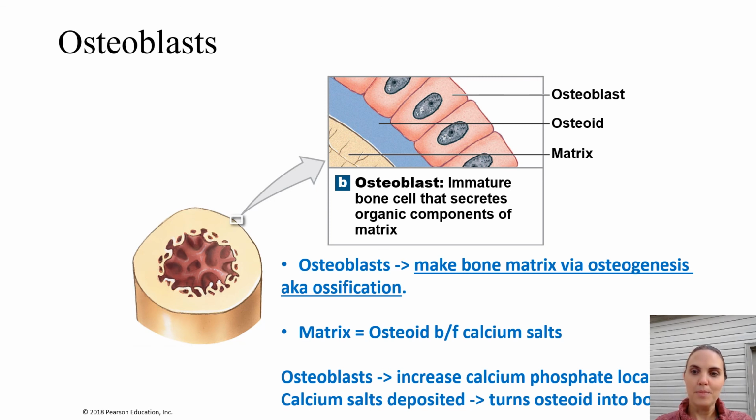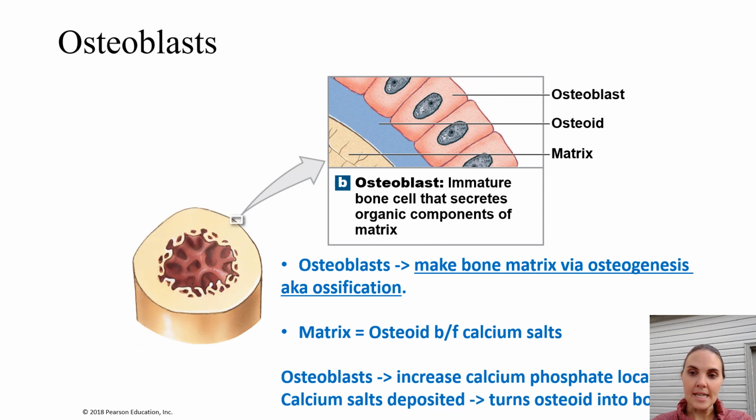Remember, at the beginning of the semester, we talked about the fact that if we have cells that end in blast, it often means they're an immature cell, and a cell that ends in cyte is the adult cell, or the mature cell. So these osteoblasts make and release proteins and components of the bony matrix, and that matrix is called osteoid before it's become calcified.